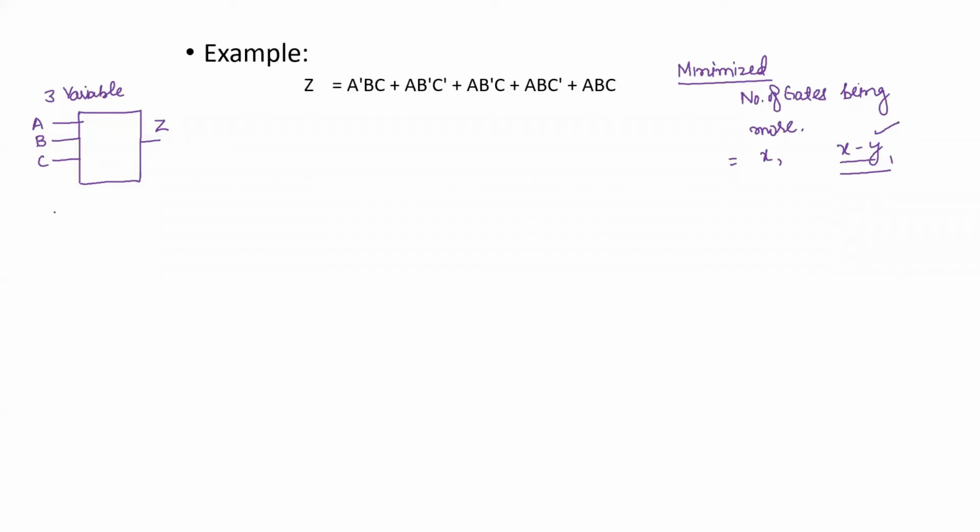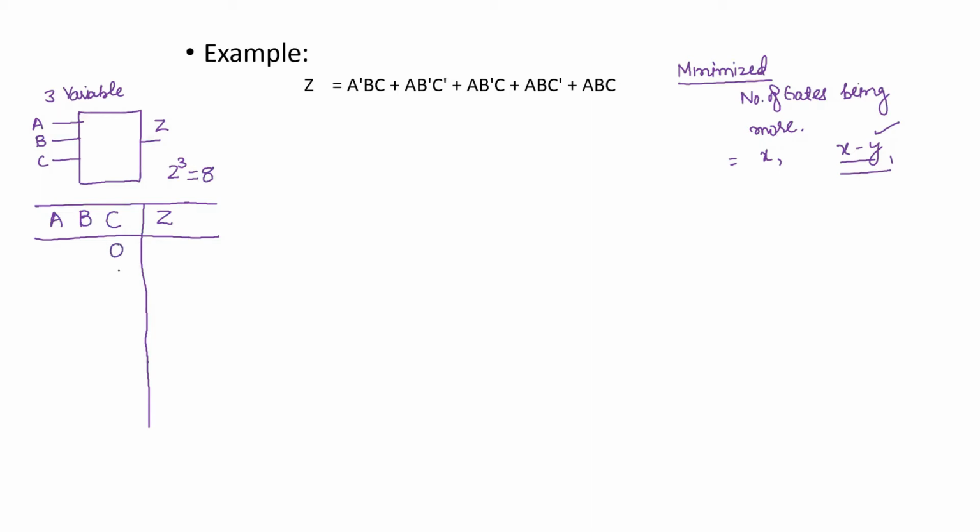Now corresponding to that, we have a truth table like this. Your truth table has A, B, C, and output Z. The total number of variables is 3. How many possible combinations are there? 8 possible input combinations, from 0 to 7.